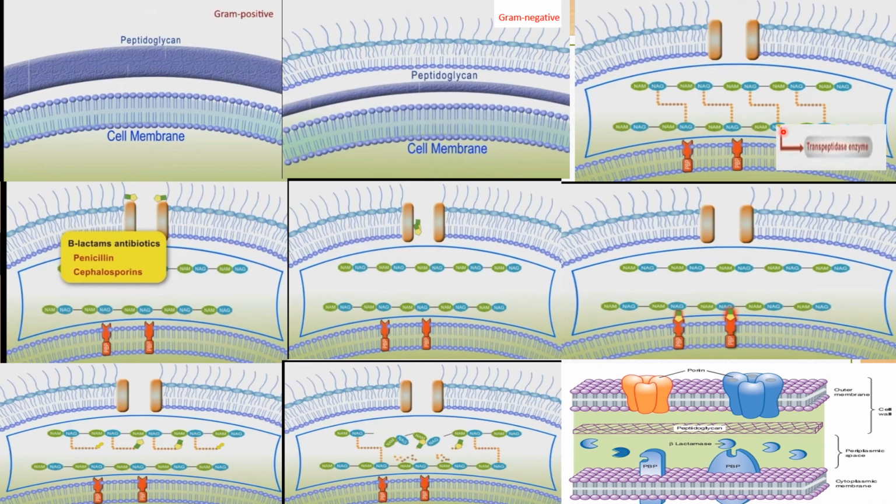So here we see how these antibacterial drugs weaken this bacterial cell wall. The antibacterial drugs mainly include beta-lactams. When we ingest the beta-lactams, they enter into the bacterial cell.